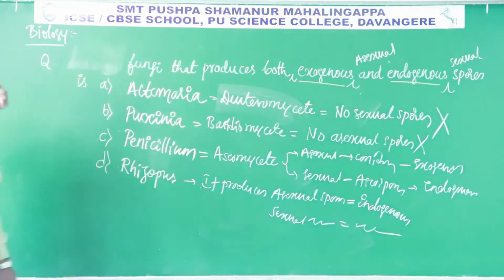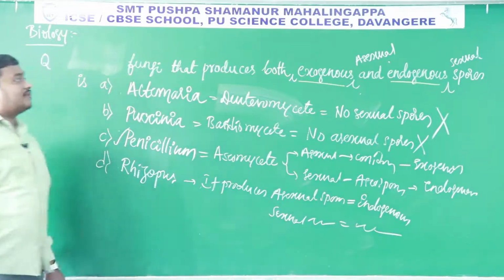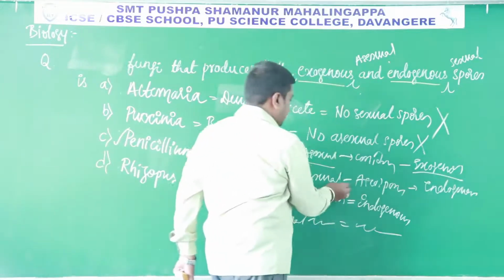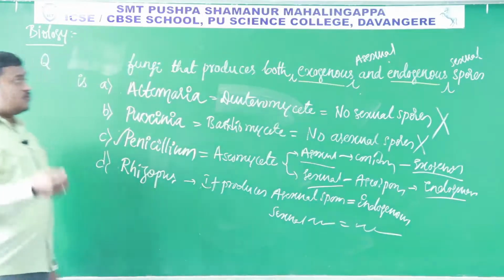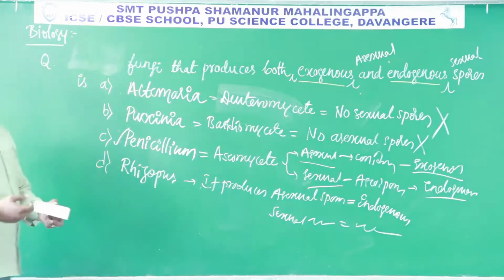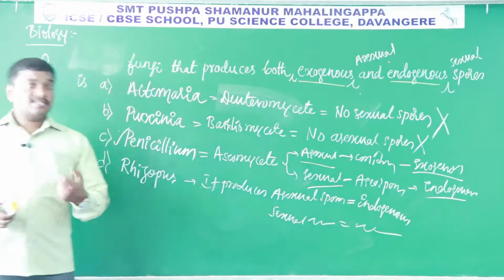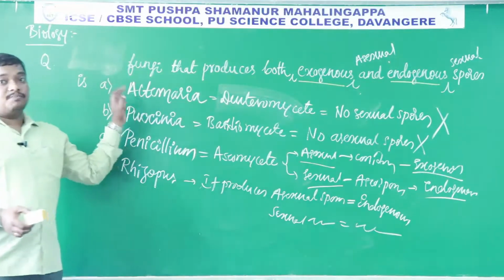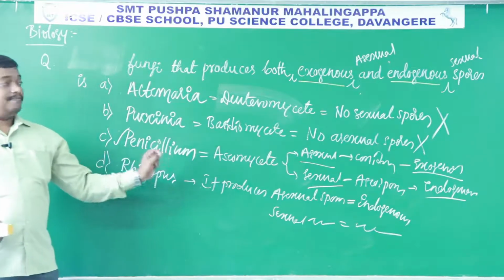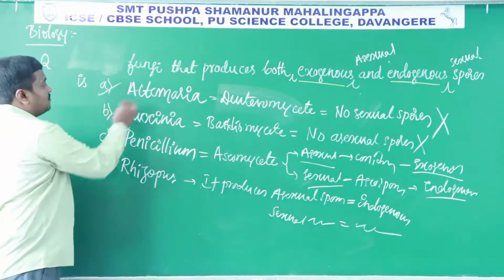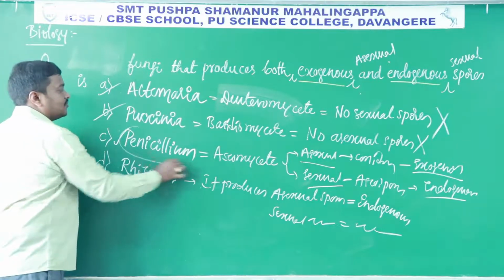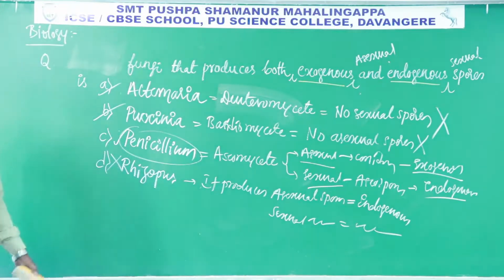Okay, so the right answer is Penicillium. Exogenous asexual spores, and the sexual endogenous. So you should know the concept of which class of fungi produces exogenous and endogenous spores, and you should remember the examples as well. Then you can analyze it properly and choose the best answer. Here you eliminate the first one, second one, then end up with the last two. Then you can directly choose the right answer by eliminating.